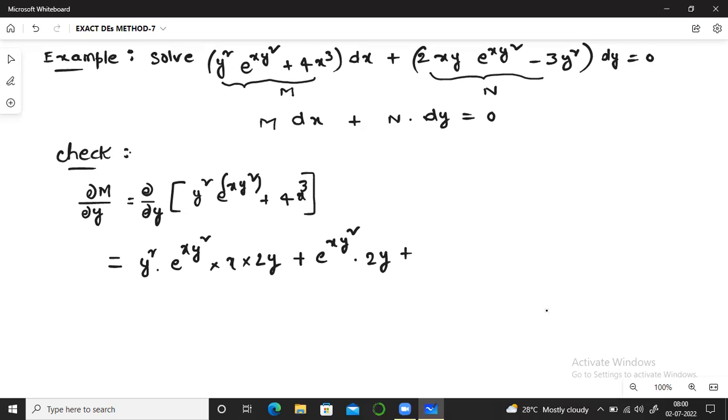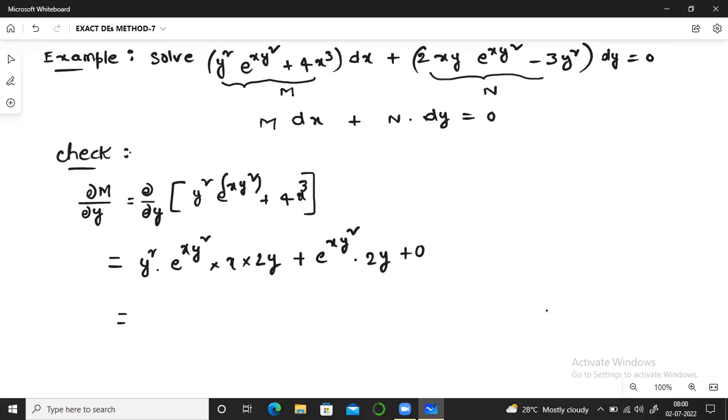That's why I bring x here as a constant. Like, if in the place of x, k is there, how would you do it? In the same manner you have to do it in this case also. So the differentiation of 4x³ with respect to y is 0.